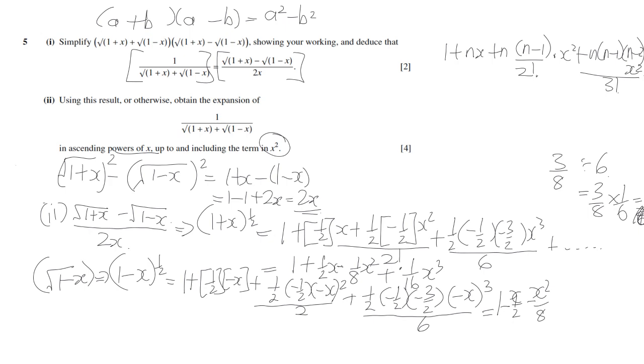And last but not least, this is negative and negative, positive, that's negative, so it should be negative x cubed over 16, because it's 3 over 8 divided by 6, and that gives us 1 over 16. Okay, so it's 1 minus x over 2 minus x squared over 8 minus x cubed over 16.